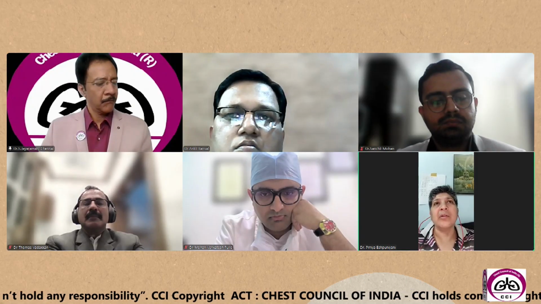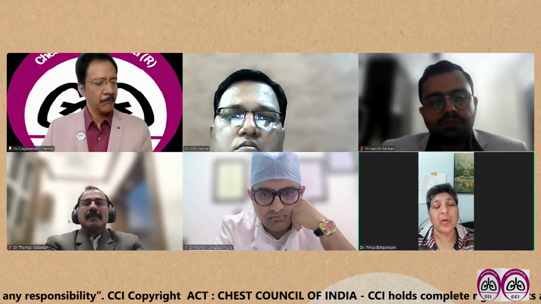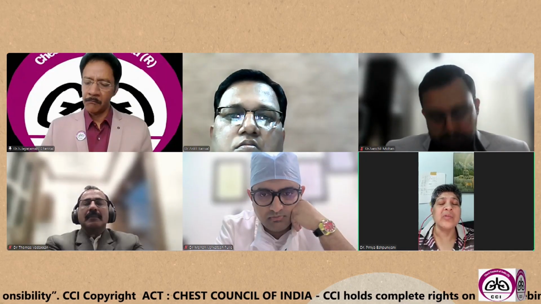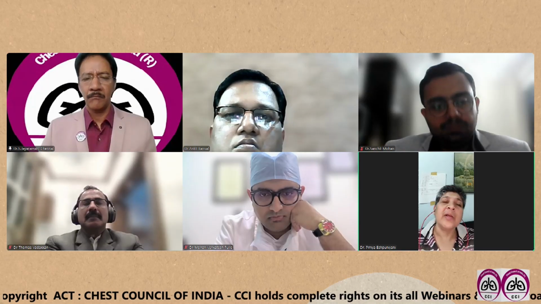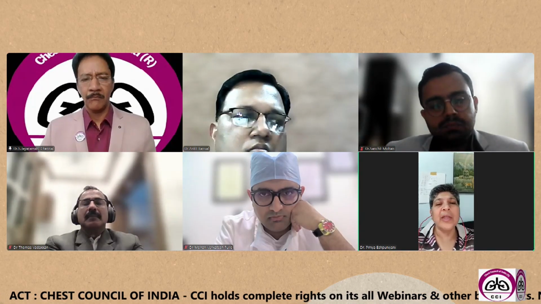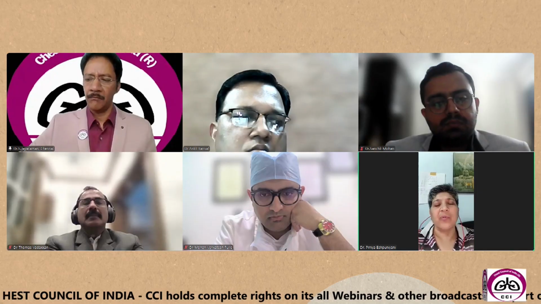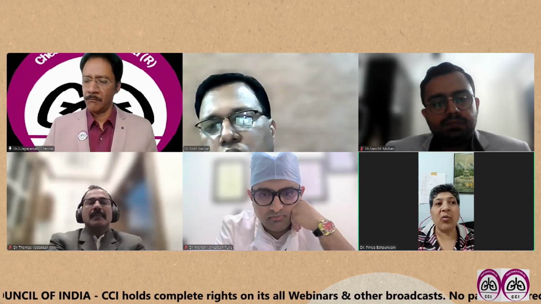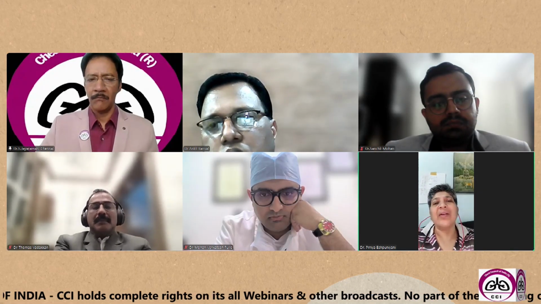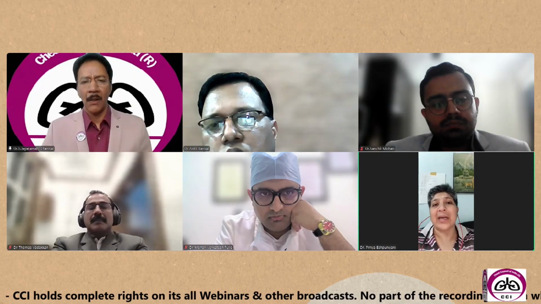So what I use, and what my pulmonology colleagues use, is we never try to depend only on EBUS. We always have EBUS plus EUS. That combination takes care of most of the lymph nodes. The only trick which remains is level 5 and level 6, what Dr. Mohan has said.